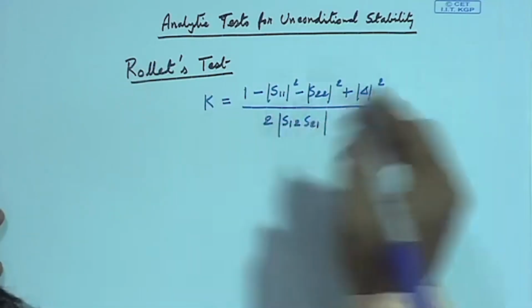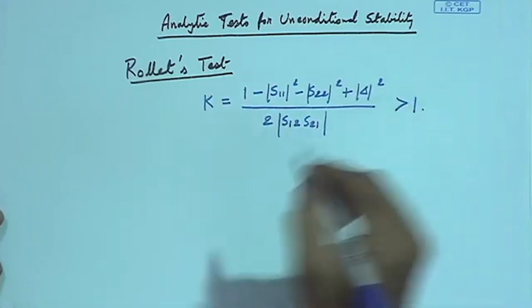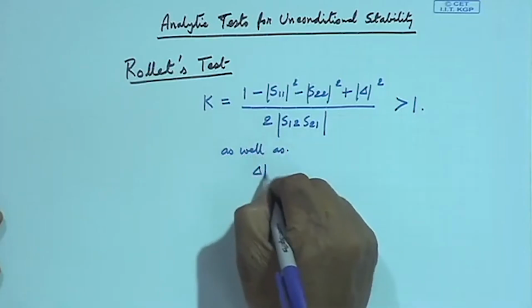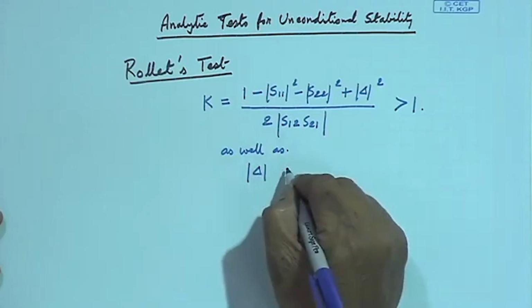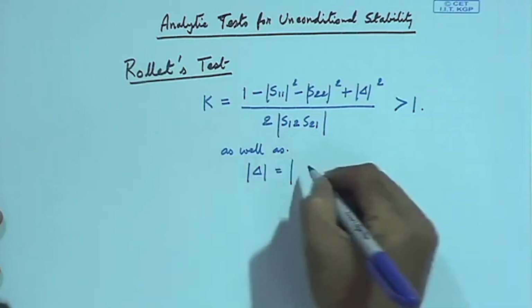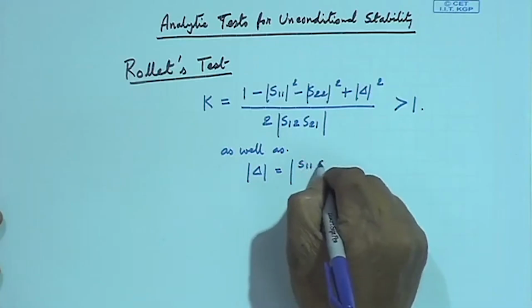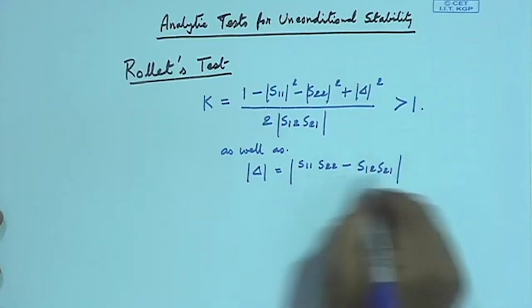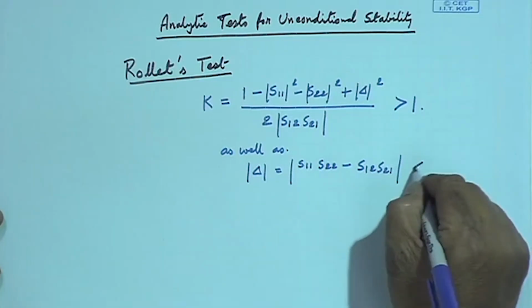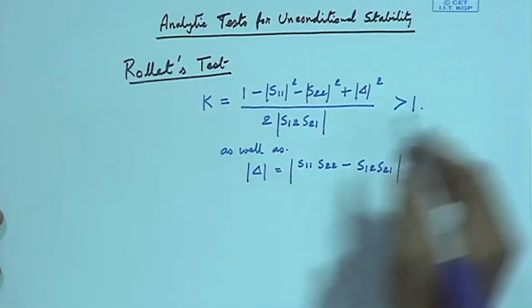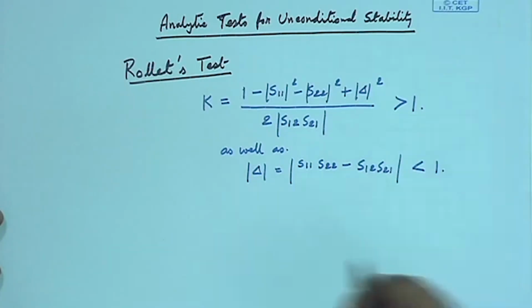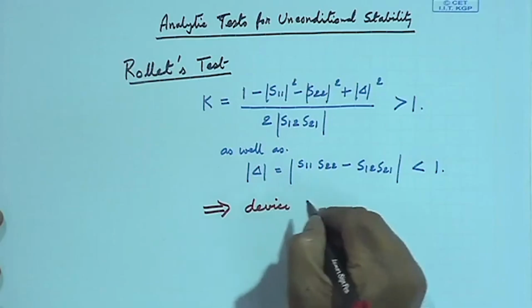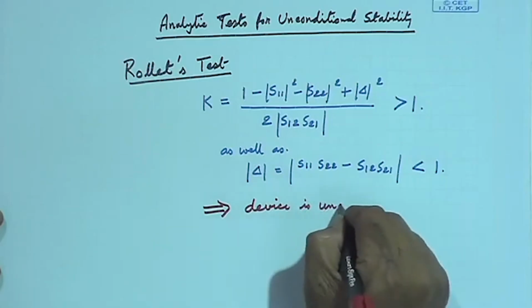Everything here depends on the S parameter values. So, you can find out K, and if K is greater than 1, as well as the magnitude of delta, which is S11 S22 minus S12 S21 and is a real number, is less than 1, then we say that Rollett's test passes and the transistor is unconditionally stable.